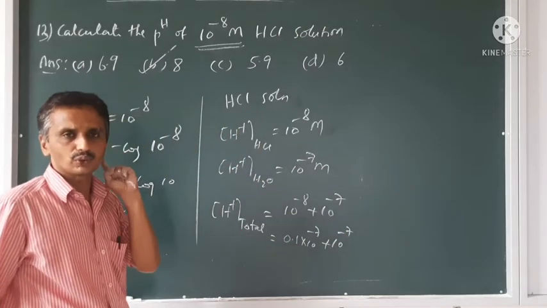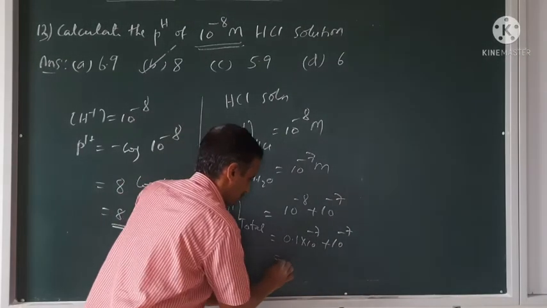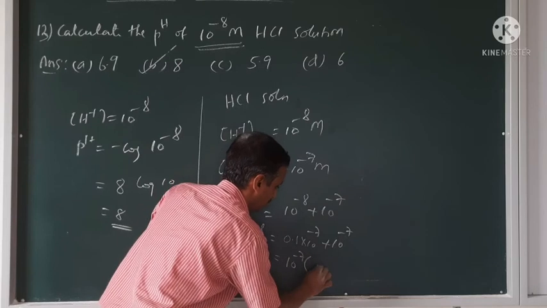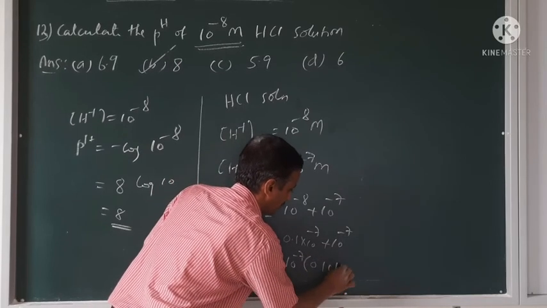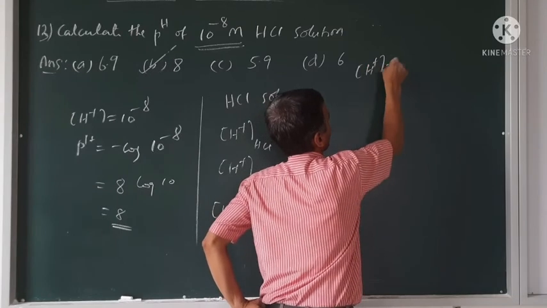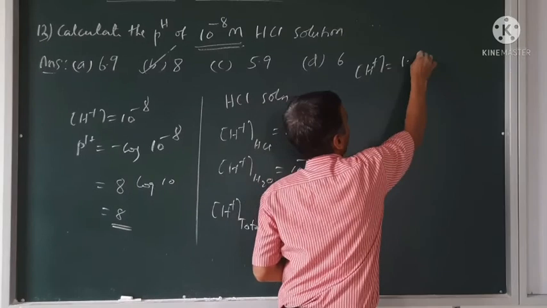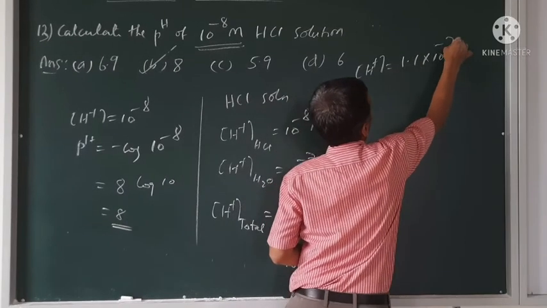Bring both to the same power. So 10 to the power minus 7 is common, 0.1 plus 1. So H plus concentration is equal to 1.1 into 10 to the power minus 7.